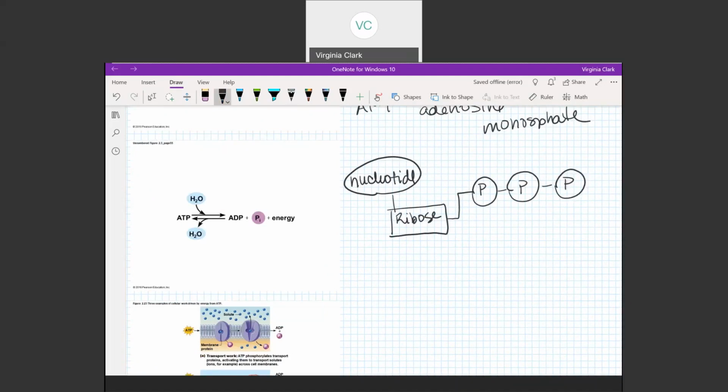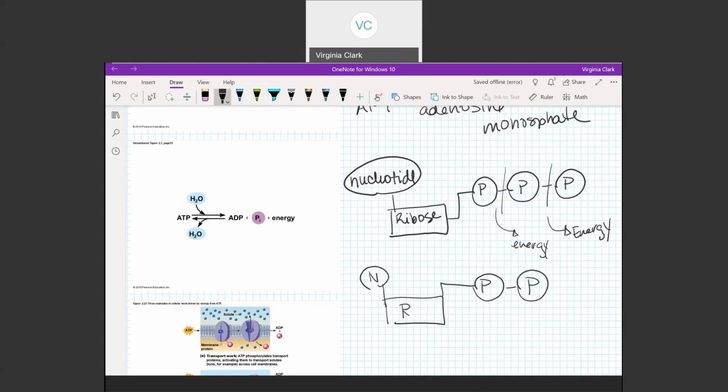This right here will break, and you're going to get energy. This guy right here can break, and you're going to get energy. But if you have just, here's my nucleotide, here's my ribose. If I only have this, and I have ADP, so it's diphosphate, I can actually add this phosphate back in.